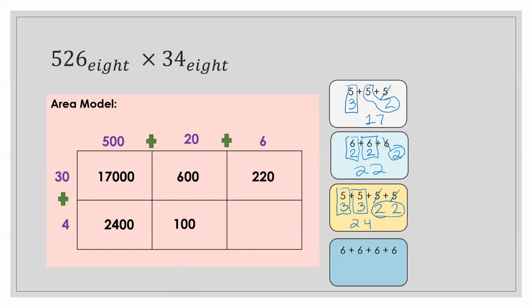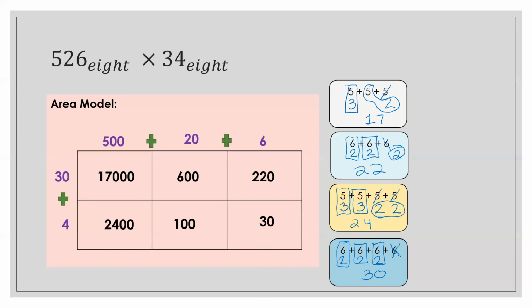So I know that this is going to need a 2, this is going to need a 2, and this is going to need a 2, and that will take all of this 6. So that would be 3 full groups of 8, and 3 full groups of 8 with no single would be written as 30. So 4 times 6 is 30.